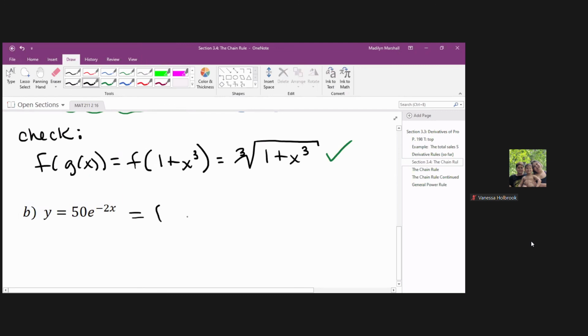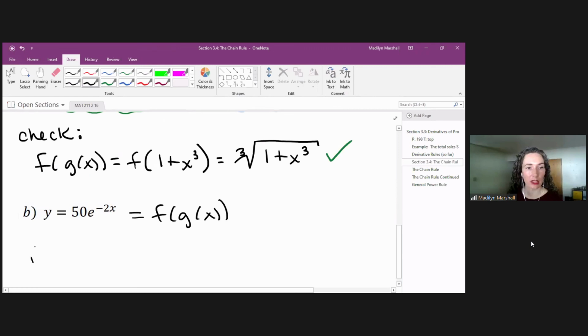So we want to do the same thing here, f of g of x. We want to identify f and g. Ones where we are dealing with an exponential can sometimes be tricky.